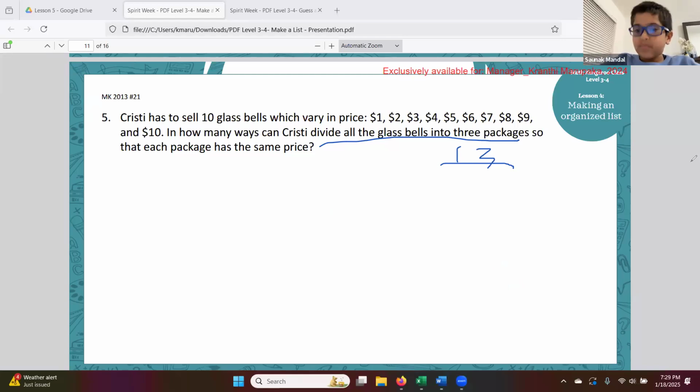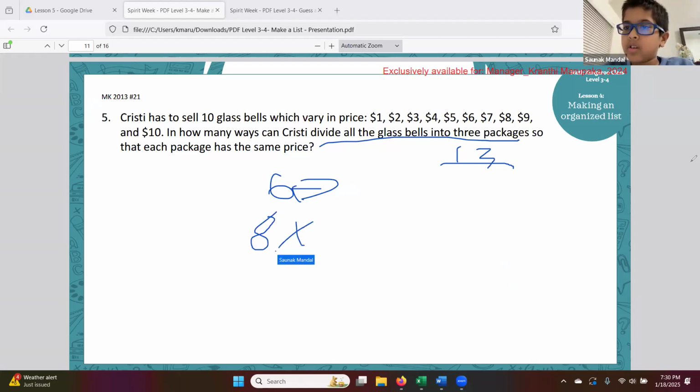So then we would have to calculate every single possible way we could get 13 in each package. How can we make 13? We could do 6 plus 7, and then 8 plus 5.